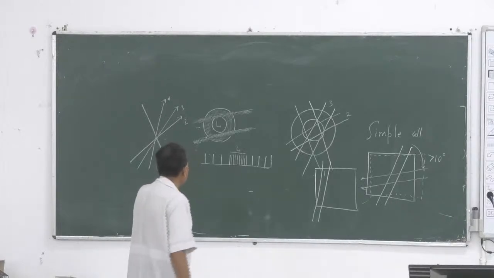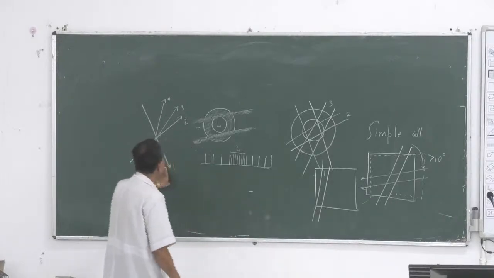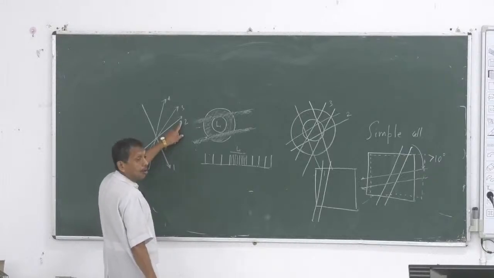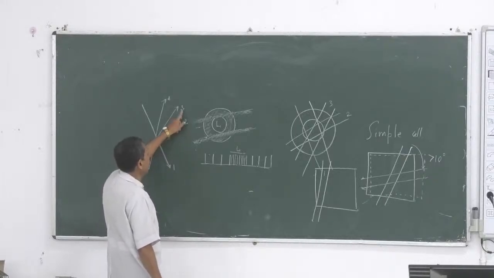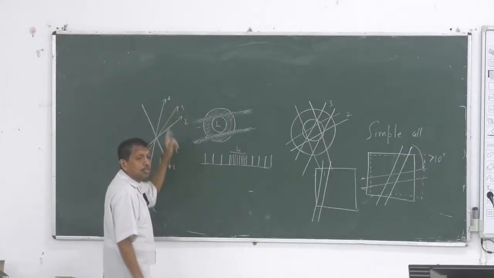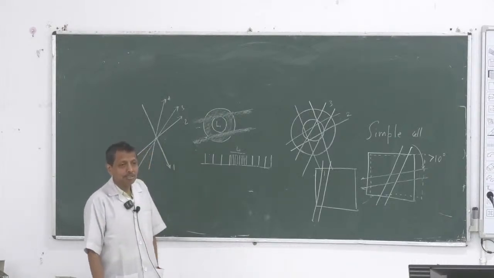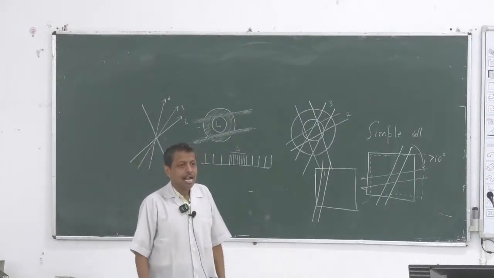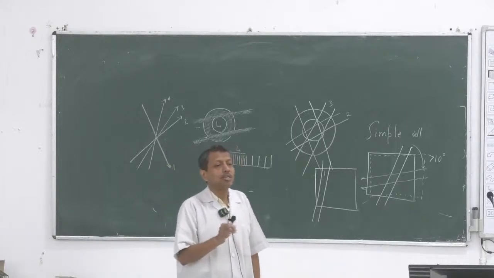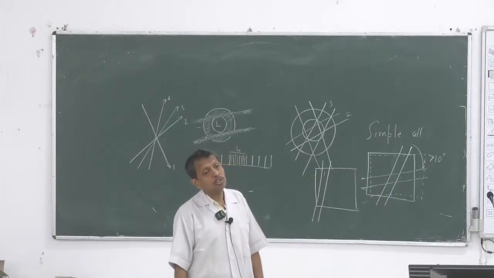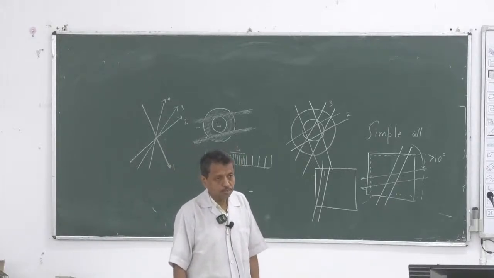Some may be responsive to this column, and some may be responsive to this column, and another is responsive to this, and in this way there is the preferred orientation. 360 degrees, the simple cells. And not only orientation, but location is also important in that case. Location.